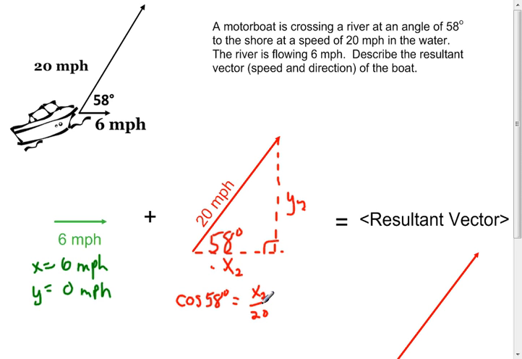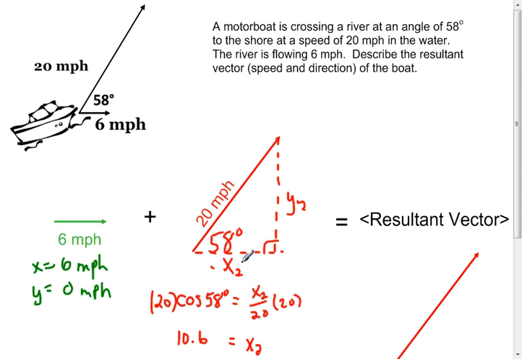All right, and then we can multiply by 20 on both sides. And we'll just take 20 times cosine of 58, and we get 10.6 approximately.